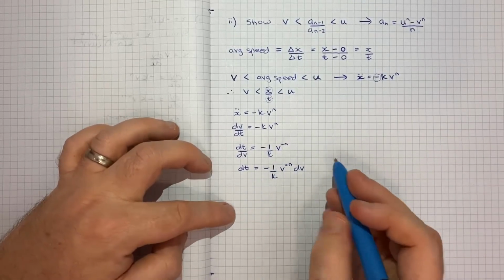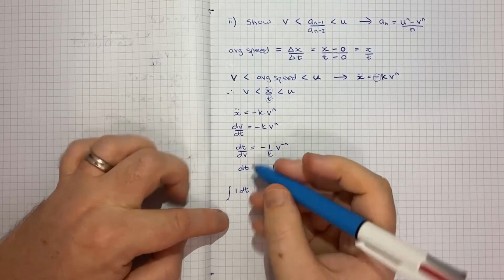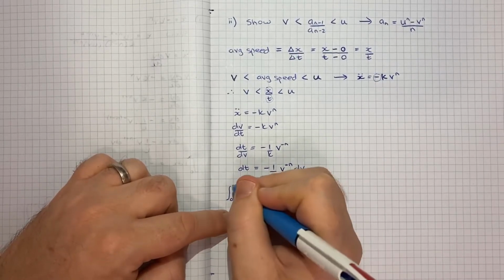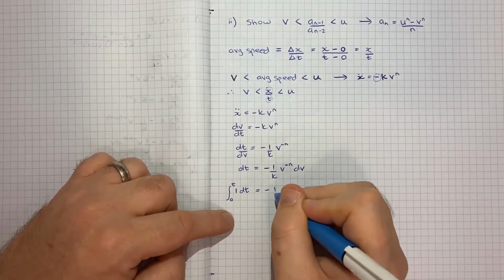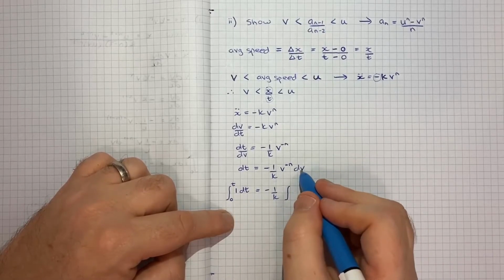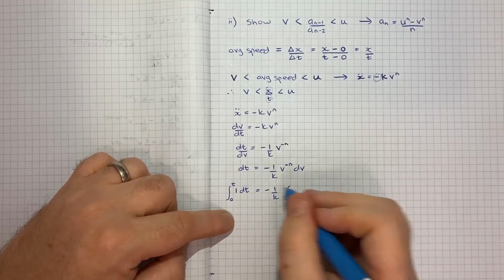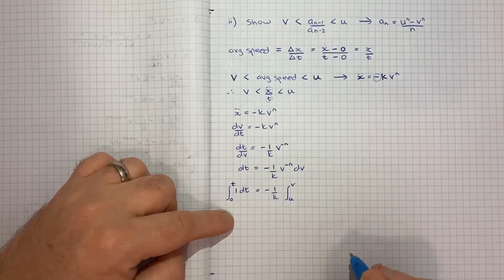We'll integrate both sides, so we'll get the integral of 1 dt, going from time 0 up to some time t, is equal to negative 1 on k times the integral. Now when t is 0, our velocity is u, and at time t, we're told our velocity is v.